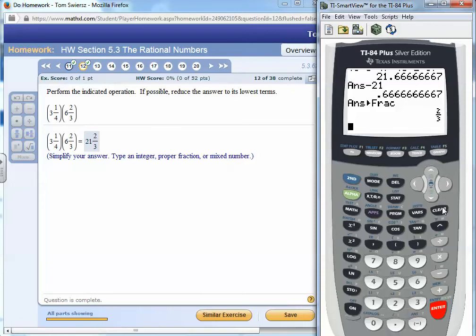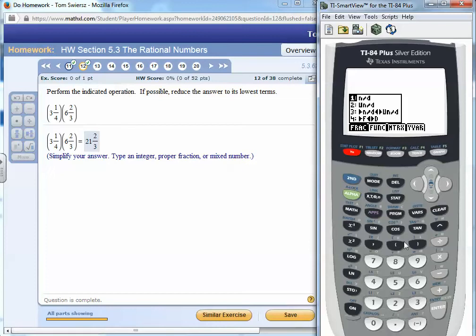Now remember, you can also put in mixed numbers if you've got an 84, using the fraction mode. So you can hit alpha F1, and to put in a mixed number is number 2. So we've got 3 1/4.